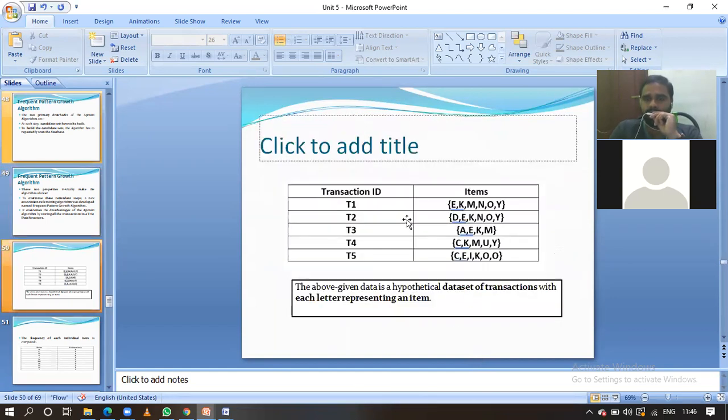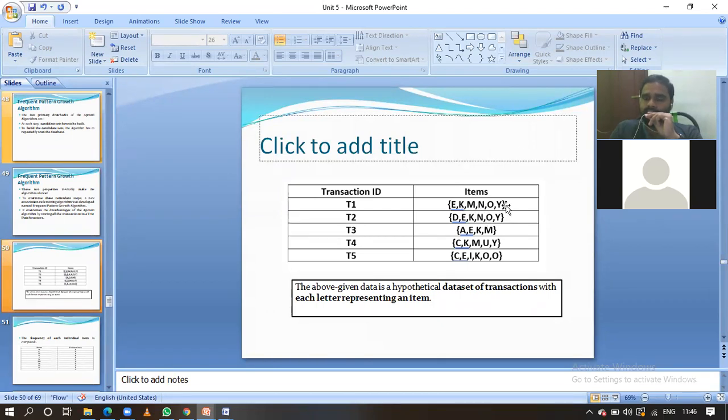To solve this, we are going to take this input. How many transactions are there? Five transactions are there, and in each transaction these many items were purchased. Here we are going to use alphabets in place of item names. E means one item like ice cream, K means some item, M means some item.